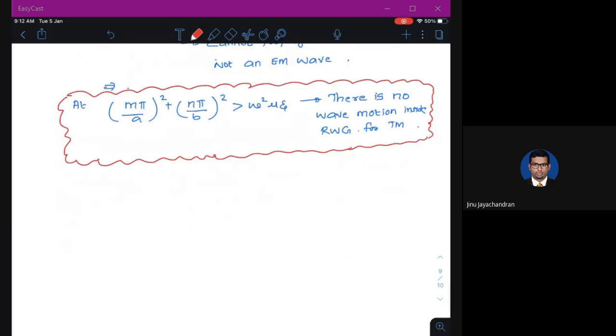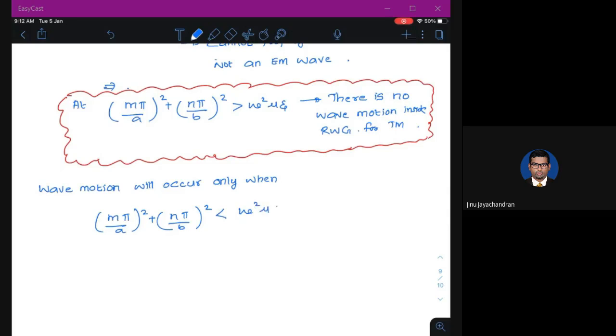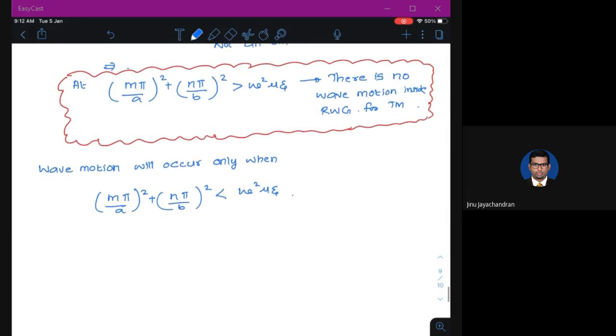So wave motion will occur only when (mπ/a)² + (nπ/b)² is less than ω²με.